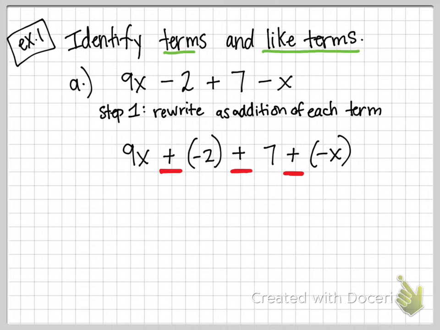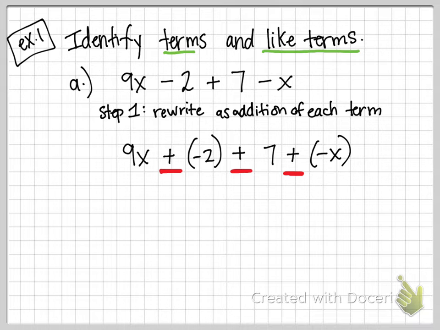So 9x plus -2 plus 7 plus -x. And this is just so that we keep our signs straight, so that the negative sign is with that negative term, so that when we combine them, we remember to combine properly. Okay? But we're not quite at the point of combining yet. So first we rewrite as addition.